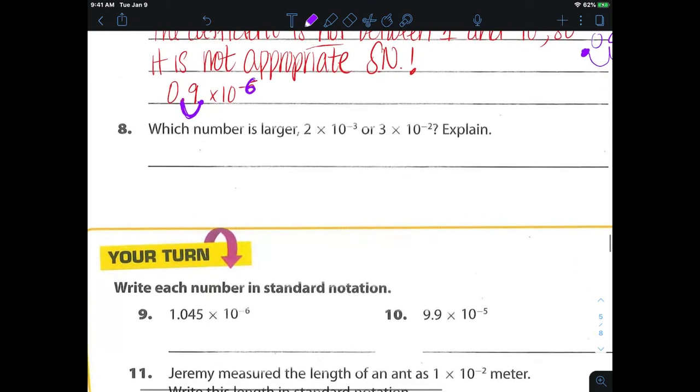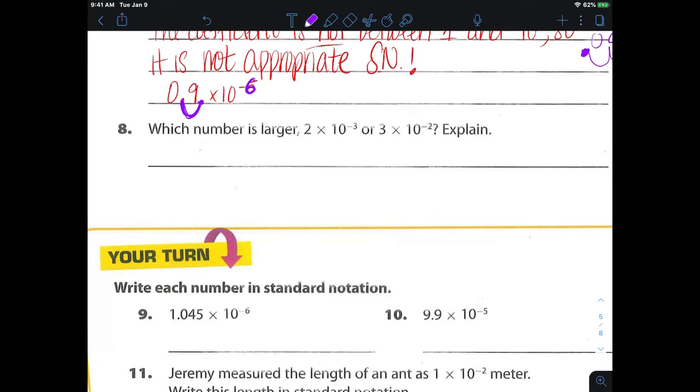Which number is larger? 2 times 10 to the power of negative 3 or 3 times 10 to the power of negative 2? So, that's pretty difficult. But you know what? I can convert these back to normal numbers and compare them, or I can also just take a look at their exponents.